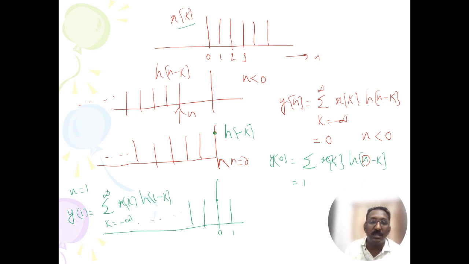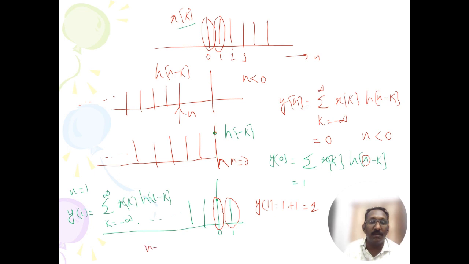So this sequence will move towards the right by 1 unit. In this case, this sample will overlap with this sample, and this sample will overlap with this sample. So y of 1 will be equal to 1 plus 1, so you will get 2.